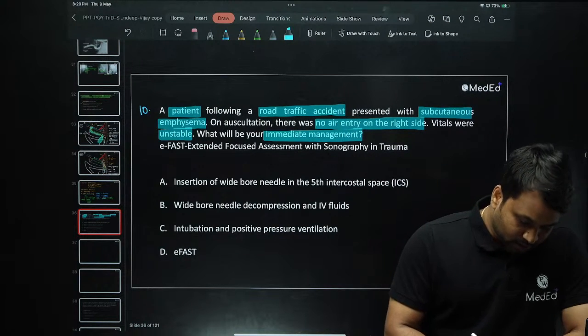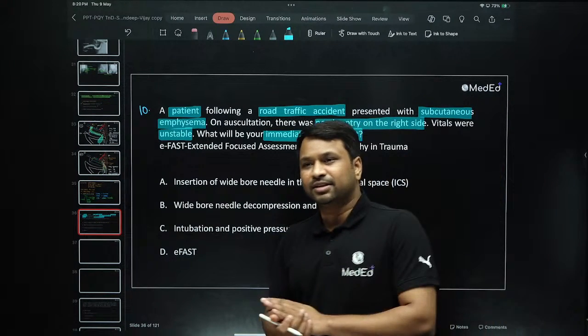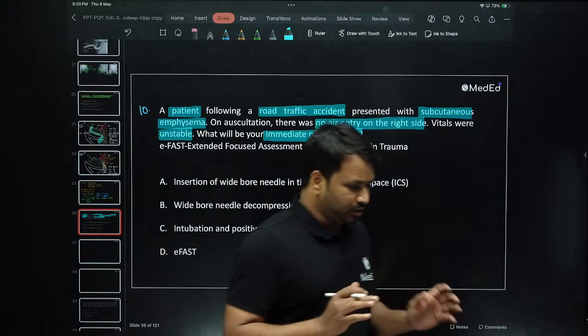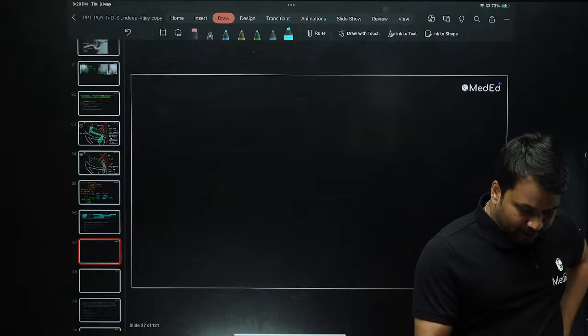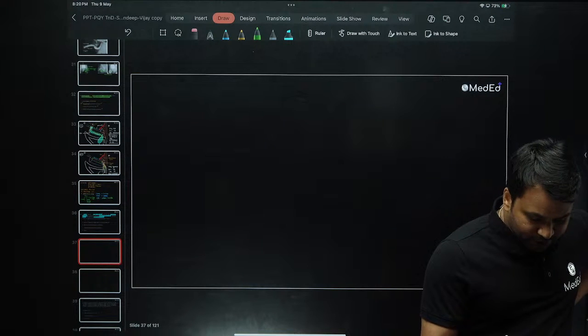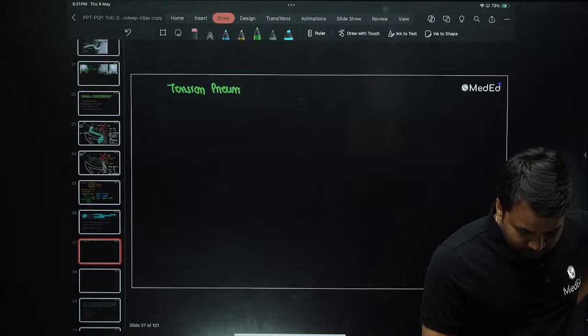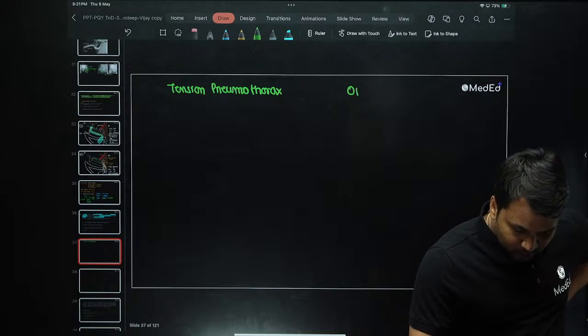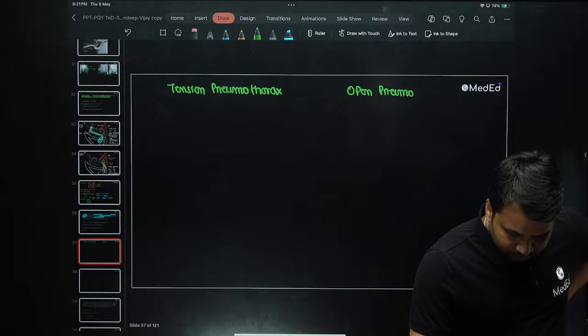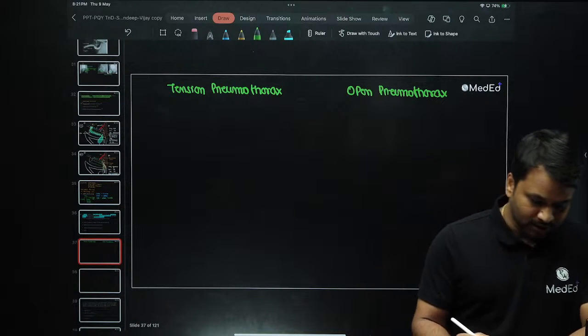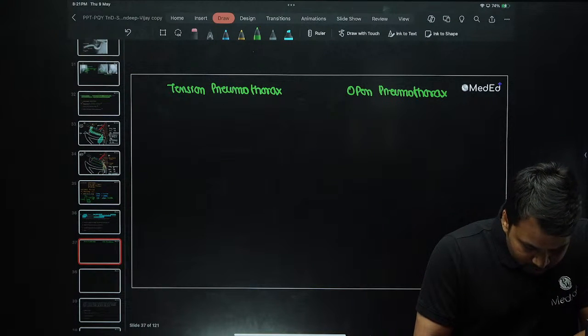Now, this is a classical case of traumatic thoracic injuries. In traumatic thoracic injuries, I want you to differentiate between the tension pneumothorax and the open pneumothorax.